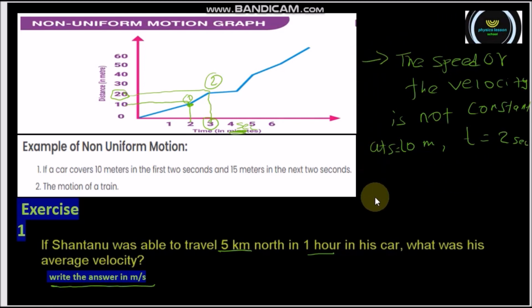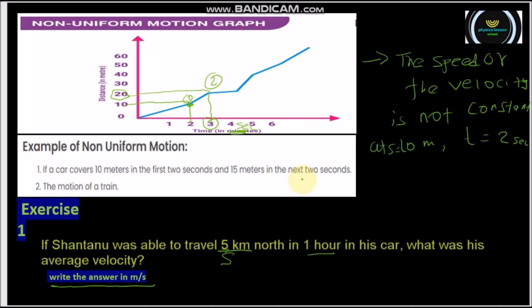Alright, let us solve this problem or exercise. If Shantan was able to travel 5 kilometers north in 1 hour in his car, what was his average velocity?